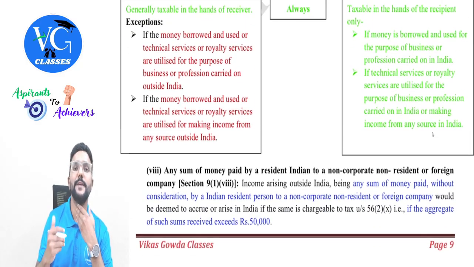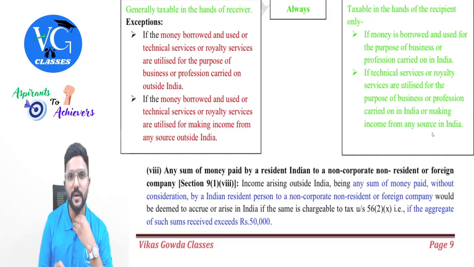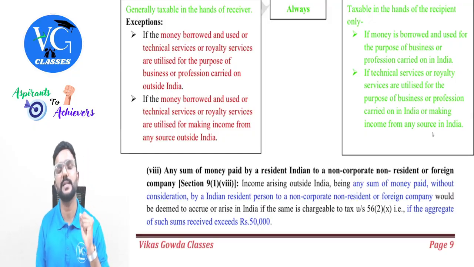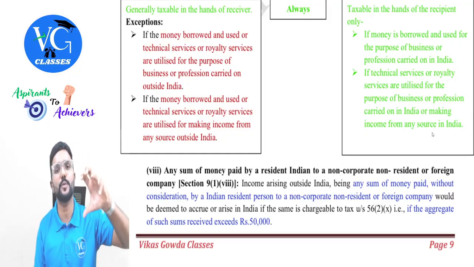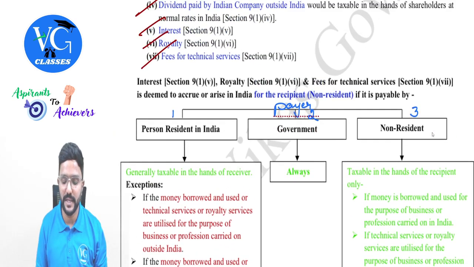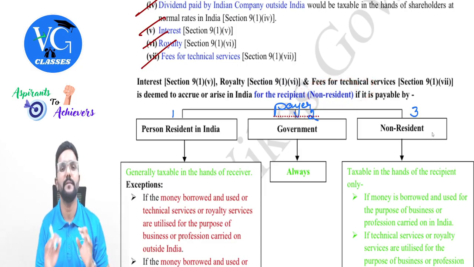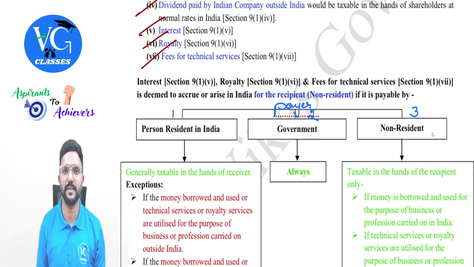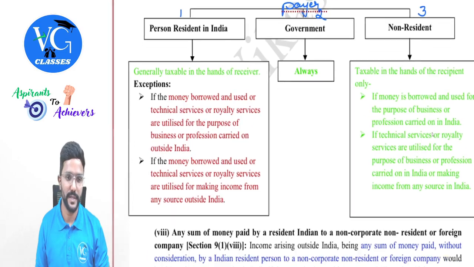When is it? If the money is borrowed and used, or technical services or royalty services are used for the purpose of business or profession outside India, then whatever the recipient is earning in the form of interest, royalty, or fees will not be deemed to accrue or arise in India and hence not taxable, guys. Okay, sir.